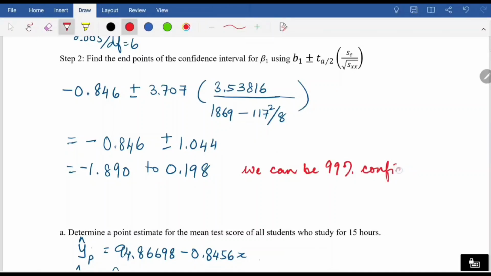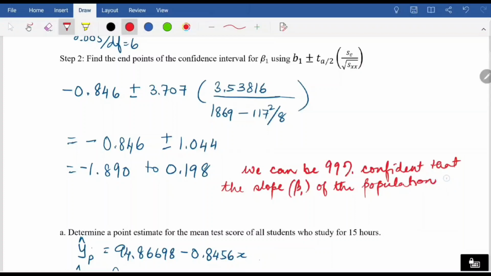confident that the slope of the population regression equation, the slope beta sub 1 of the population regression equation, will be contained in the interval.